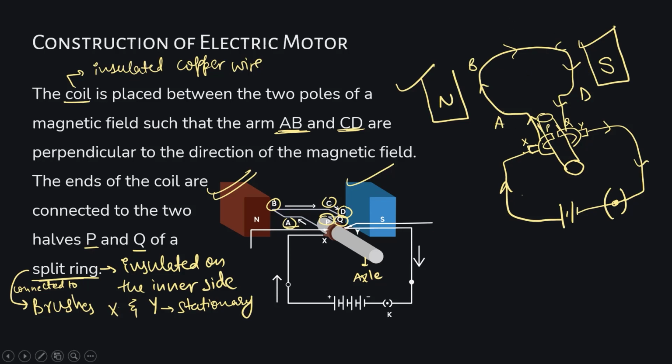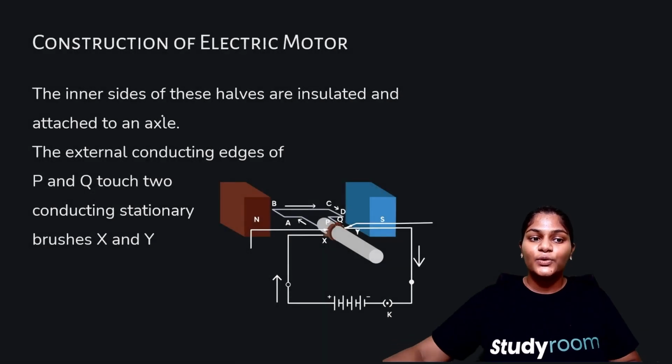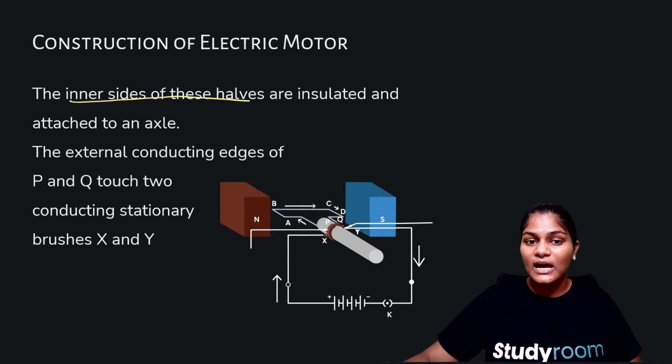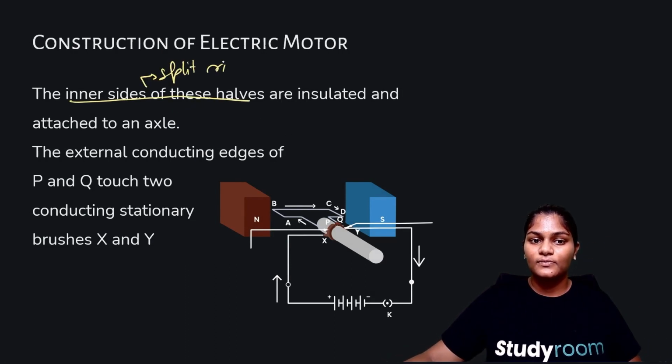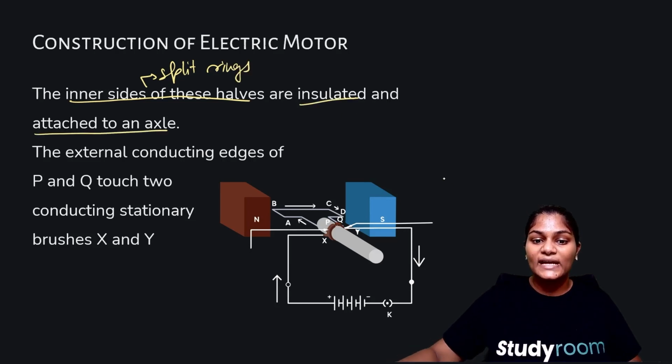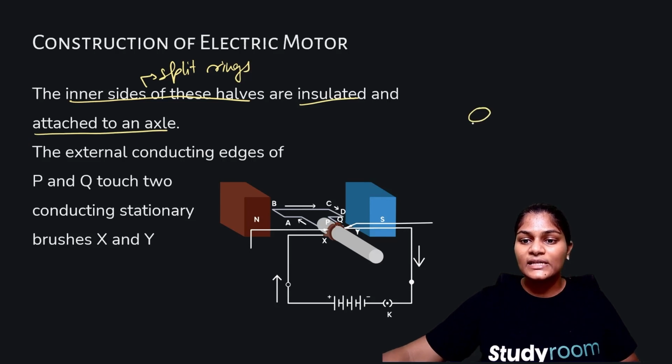Okay. Let's see what the next slide says. So this is what I exactly explained to you right now, that the inner side of these halves of the split rings are insulated and attached to an axle. What is the axle? The axle is this cylindrical object to which the split rings are attached.